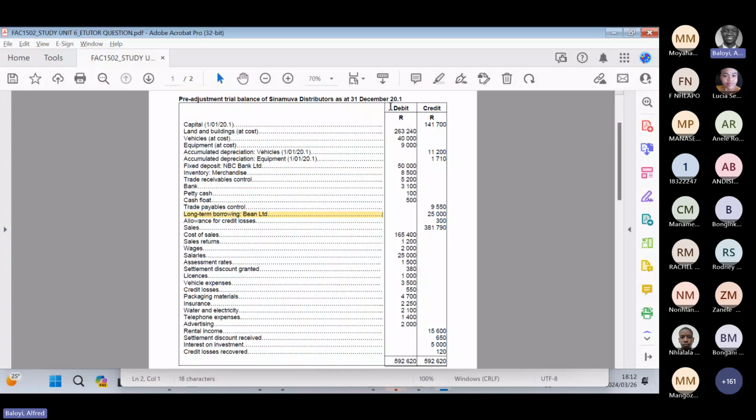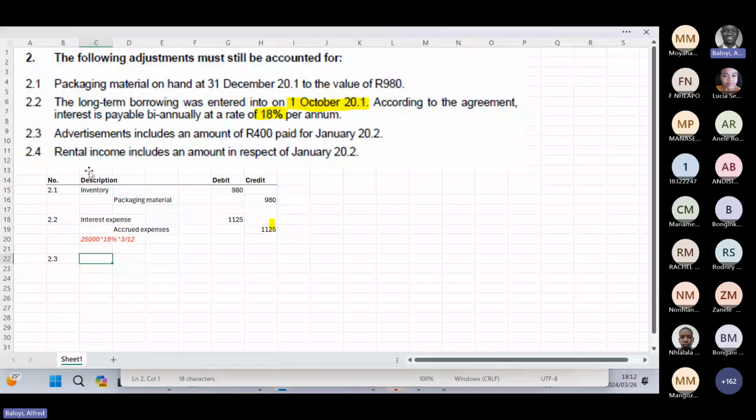So if an amount was paid for January 20.2, it's an expense that was paid for the coming period, and we call that a prepaid expense. In the advertisement value, there's an additional amount of 400 that needs to be deducted.